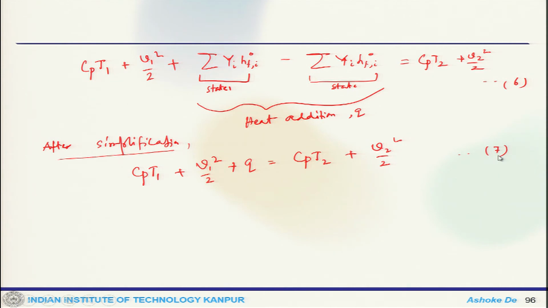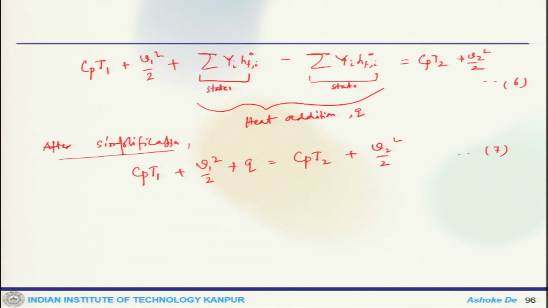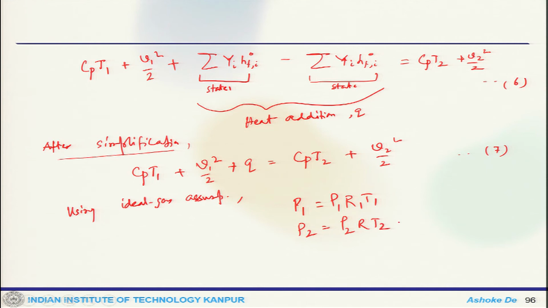Now, we have made one more assumption, which is the ideal gas assumption. Once we incorporate that ideal gas assumption, we get P1 equals rho 1 R T1, P2 equals rho 2 R T2. So, this is what we can write.